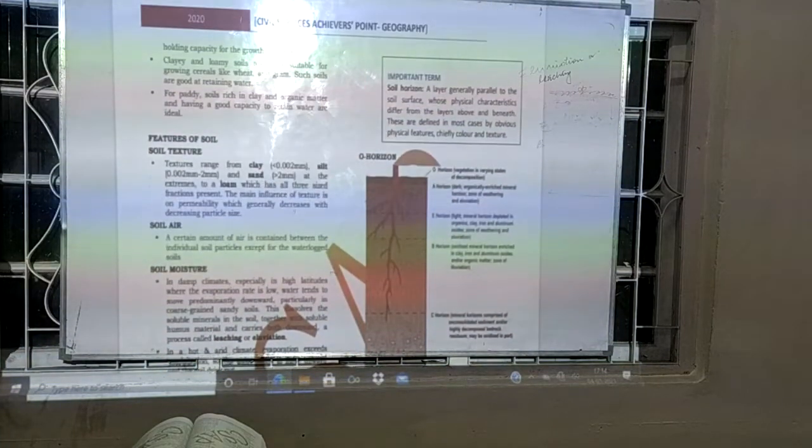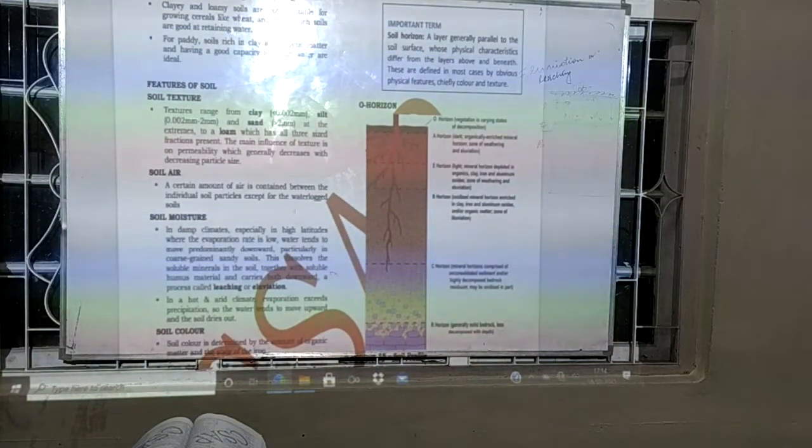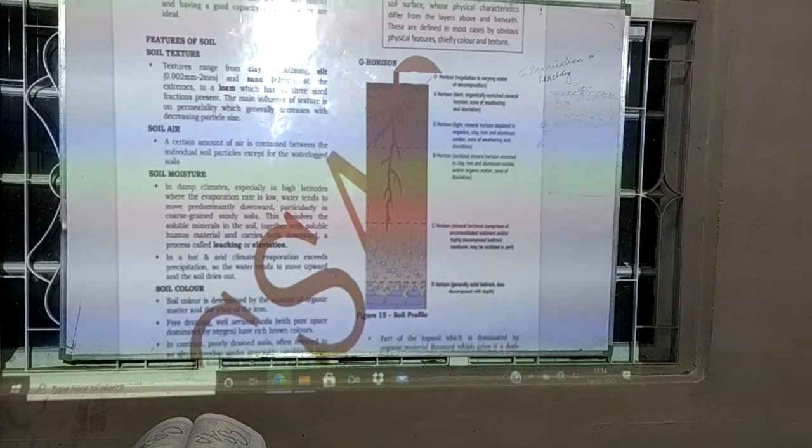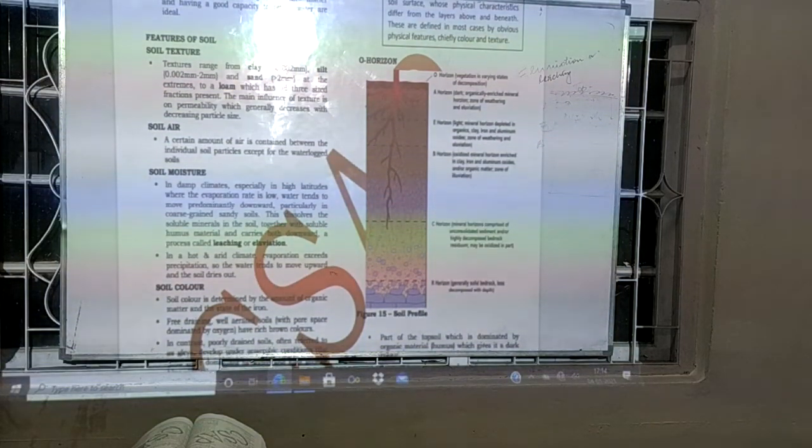Okay? Look at this diagram. Soil horizon. O horizon. See? It's just vegetation. Very thin layer. Then we have the A horizon. Dark, organically rich mineral horizon. Zone of weathering. Okay. Then next is a little lighter.